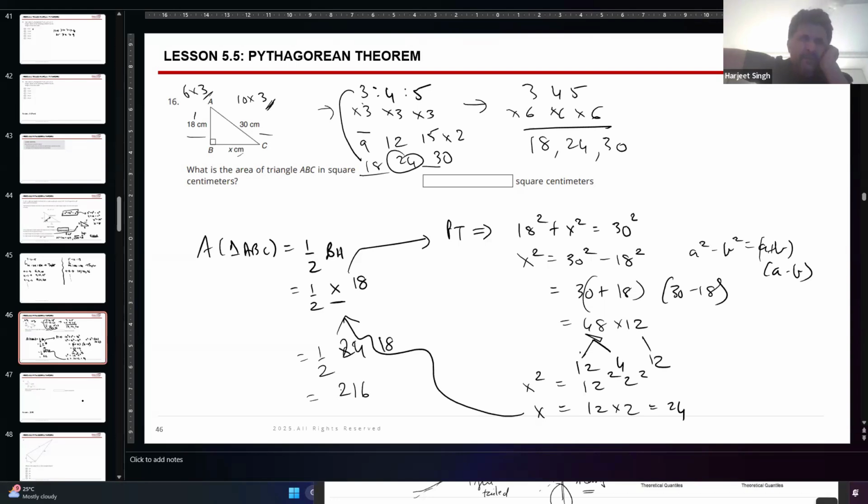One more question. For 12 times 18, would you use a calculator for that or would you do it by hand? Which one is that? It's 1/2 times 24 times 18. This one?